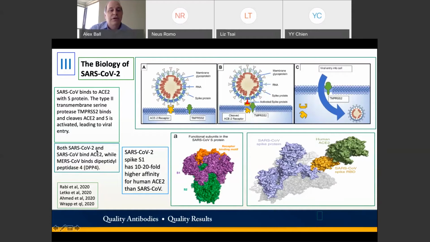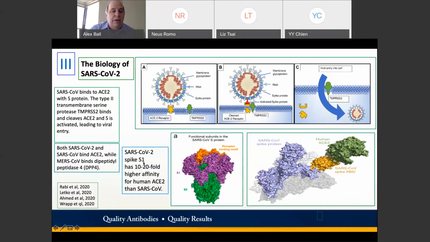Both SARS-CoV-2 and SARS-CoV bind ACE2, which differs from MERS-CoV, which binds another peptidase called dipeptidyl peptidase 4, DPP4. And to reiterate what I said earlier, the SARS-CoV-2 spike S1 region is this domain right on top of the spike trimer that actually contains the receptor binding motif.